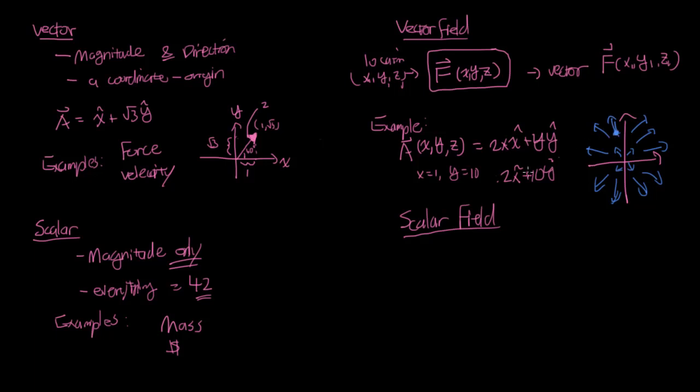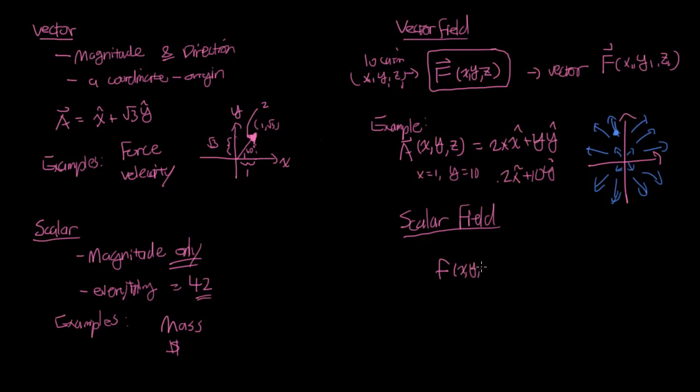So again, the basic characteristic is that it's a function. Location goes in, in the case of both of these, but what comes out is a vector. And so you can imagine what a scalar field is in contrast. It's also a function. We denote this by not having a vector line on top and also making it lowercase.